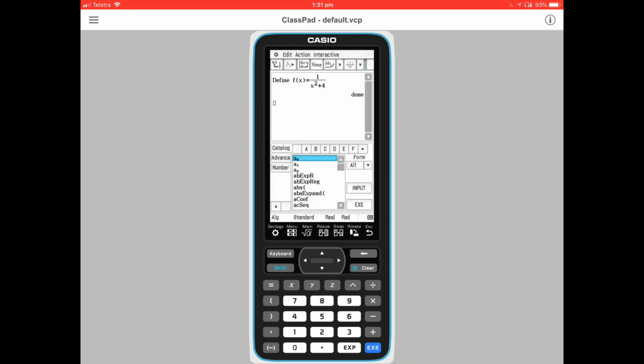Okay, then we go into Judge, J for Judge. f of 2x equals f of x all squared, and then minus 2, and then hit enter. Undefined.